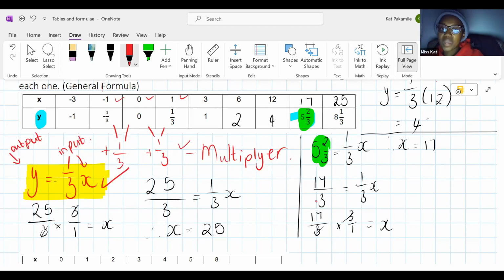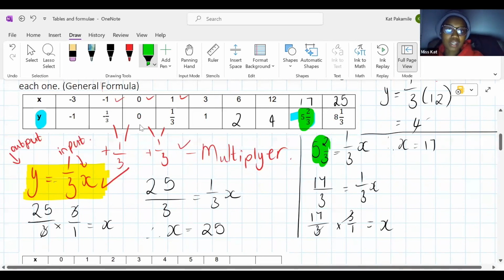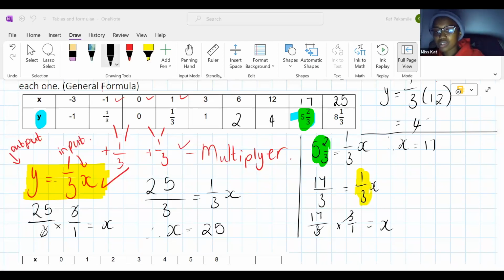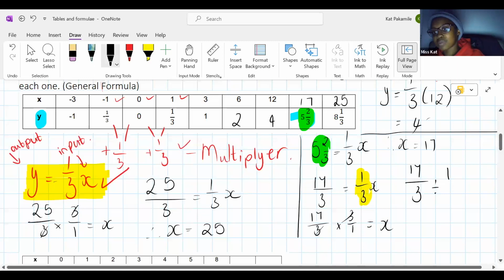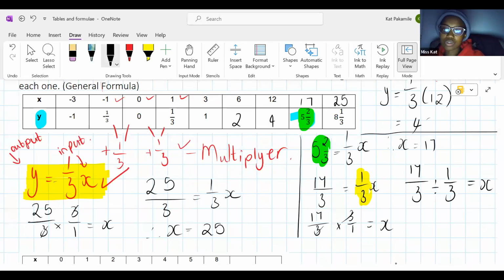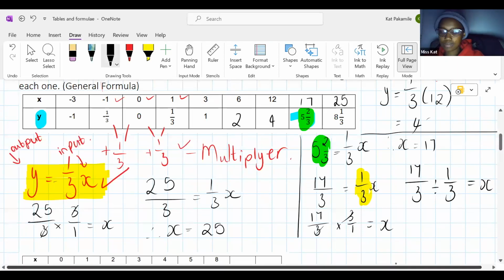Now I want to get rid of this third that's in front of my x. Since it's 1/3 times x, what I did was I divided by 1/3. So I said 17 over 3 divided by 1 over 3. That will give me x, because these 1 over 3s will cancel out on the two sides.